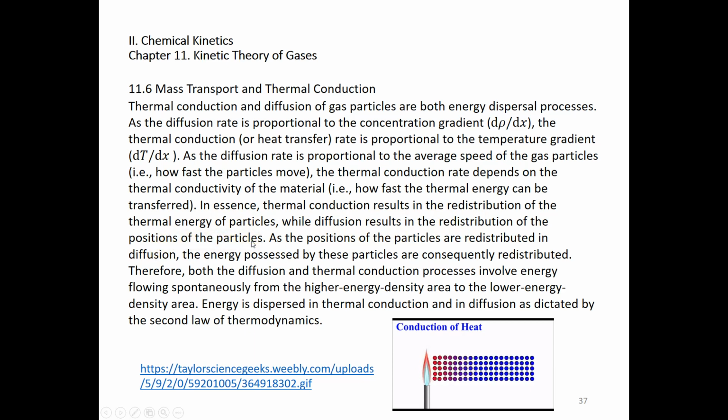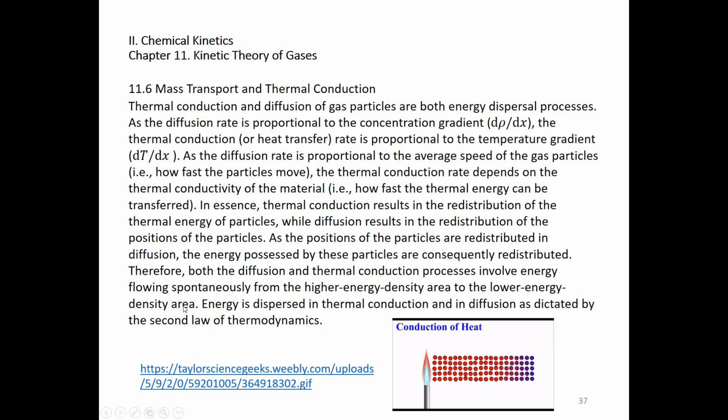As the positions of the particles are redistributed in diffusion, the energy possessed by those particles is consequently redistributed. Therefore, it's also considered energy dispersal. So both diffusion and thermal conduction involve energy dispersal. That means energy always flows spontaneously from a high energy density area to a low energy density area.